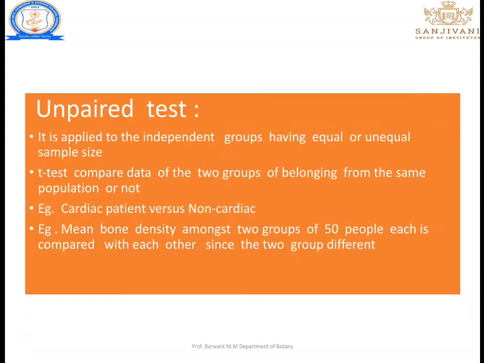Let's see what the unpaired and paired t-tests are. The unpaired test is applied to independent groups having equal or unequal sample sizes. Unpaired means not paired, that is, independent.